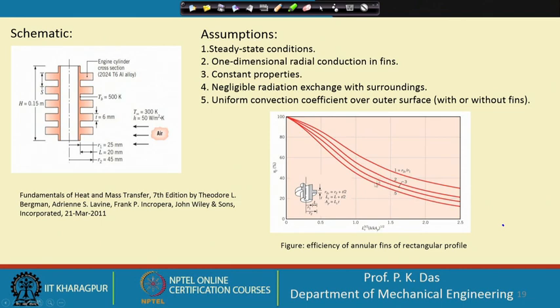Then this curve is familiar, because this type of curve I have shown earlier. So, here there is a way by which you can determine the efficiency of the radial fin or circular fin, because otherwise we need to calculate the Bessel function, which is not very convenient to do.